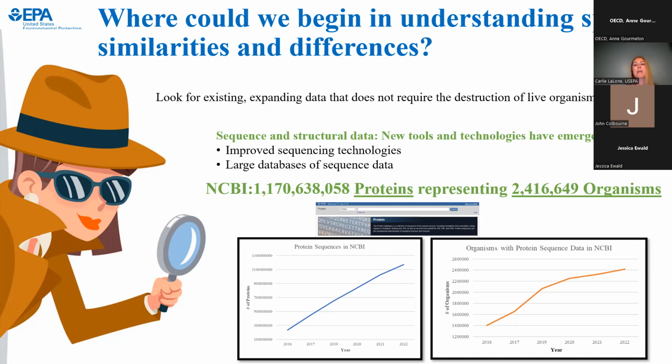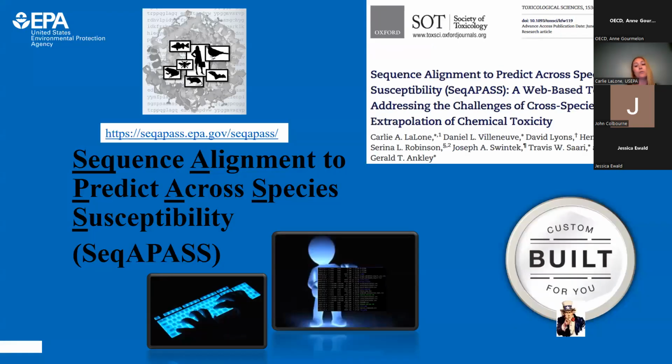So as these types of sequence repositories expand, and as Jessica had mentioned as well, bringing in new species and more information across a number of different organisms that are non-mammalian species and invertebrate species, we can really capitalize on that existing information to utilize for species extrapolation.